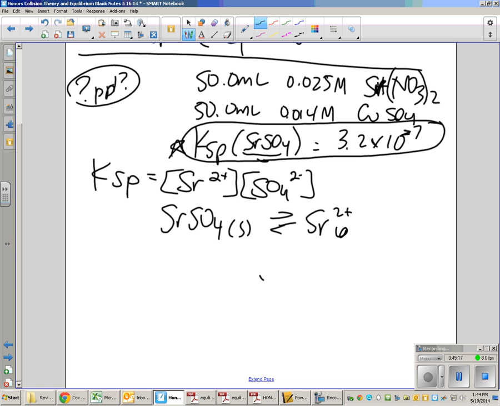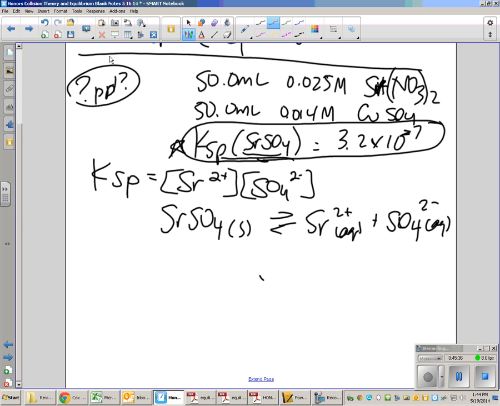Sr2+ aqueous and SO4 2 minus aqueous. So this solid makes those 2 ions, and we write it like this because that's what the Ksp they were referencing is for. So before this whole thing happened, we formed a strontium sulfate product.